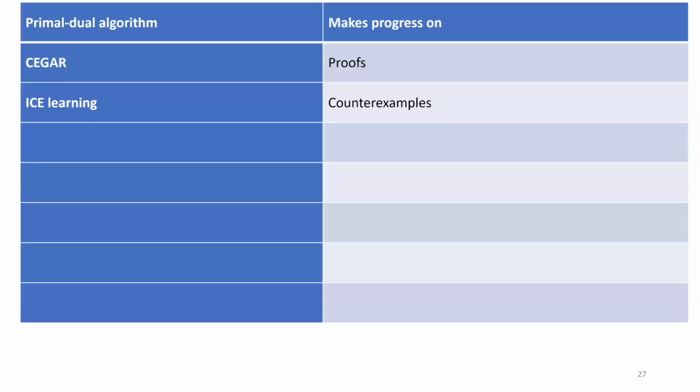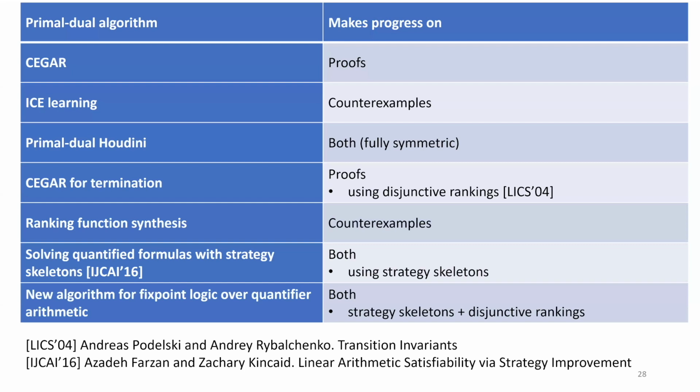So I showed you the Lagrangians for CEGAR and for ICE learning, and it lets you draw an interesting comparison between them based on which side you have the lattice structure that ensures progress. CEGAR makes progress by accumulating predicates on the proof side, and ICE learning makes progress by accumulating positive, negative, and transition counterexamples on the counterexample side. We also have a Lagrangian for Primal-Dual Houdini, which is fully symmetric, and it's a little bit interesting.